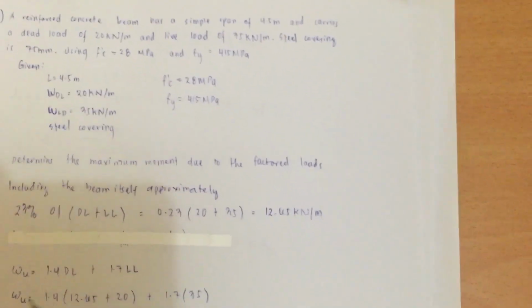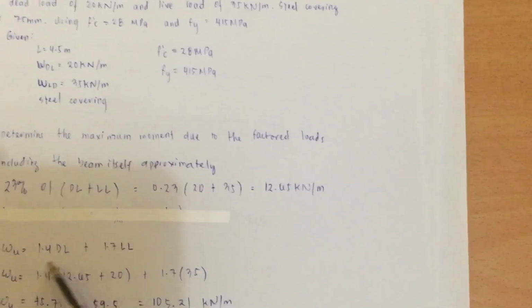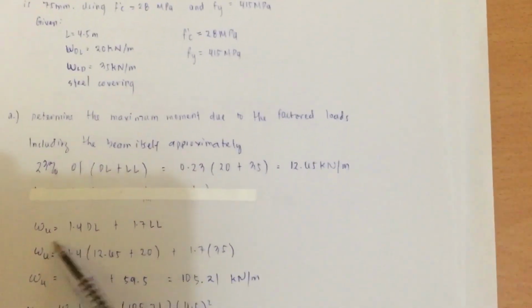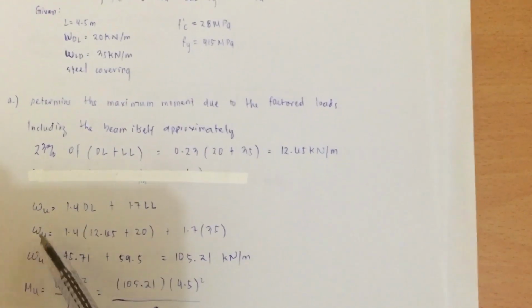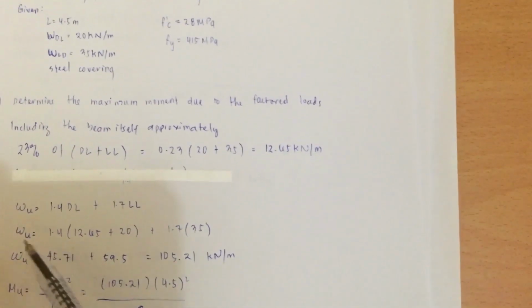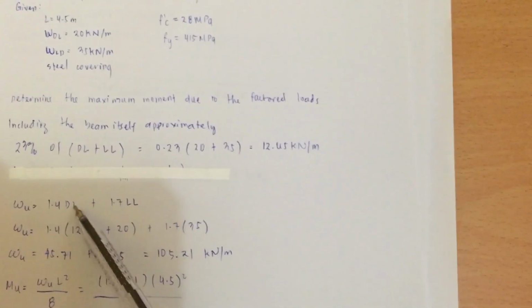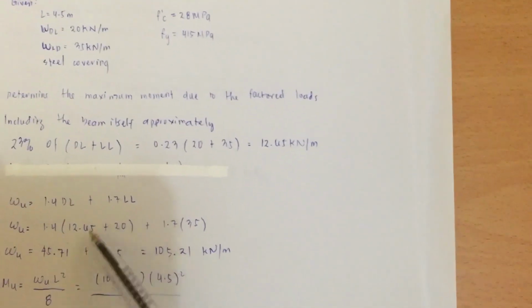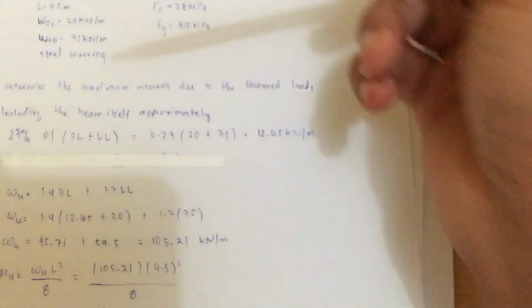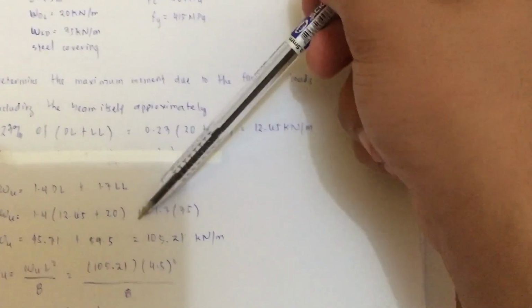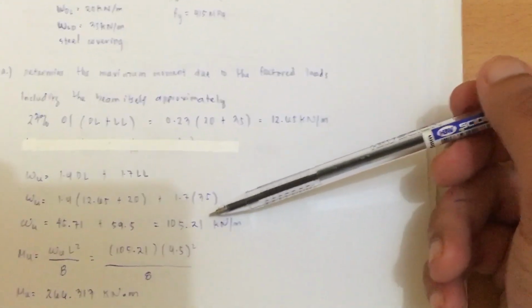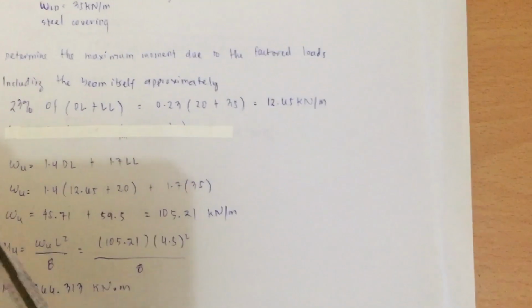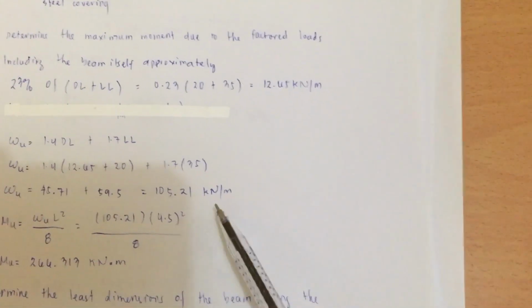And in order for you to get the factored load, we use this formula. We substitute the value of dead loads and live loads. So omega u, the factored load, is equal to 1.4 times the dead load, which is the 12.65 plus the loads that it carries, plus 1.7 times the live load, which is 35 kilonewton per meter, and we have omega u of 105.21 kilonewton per meter.